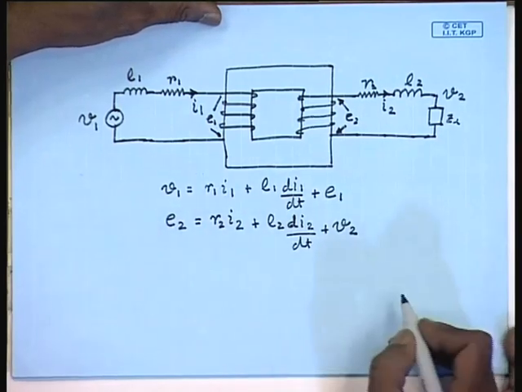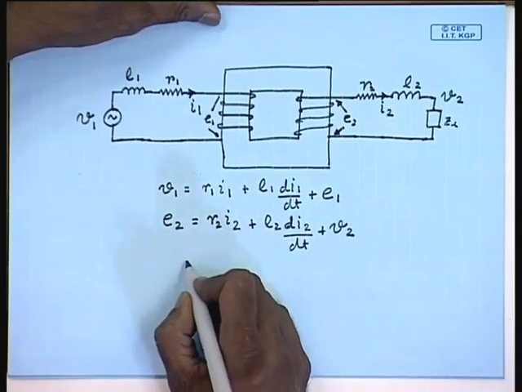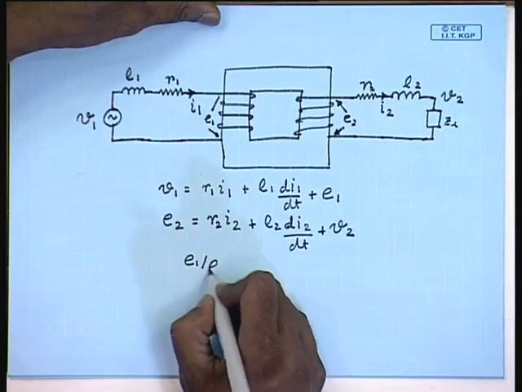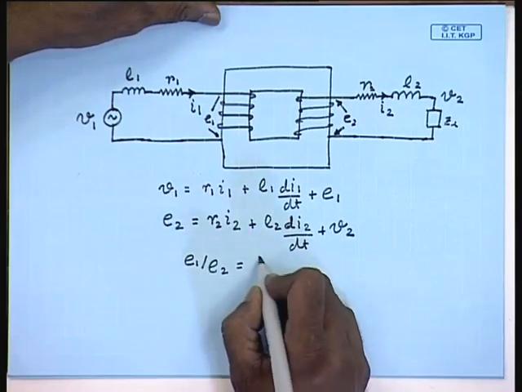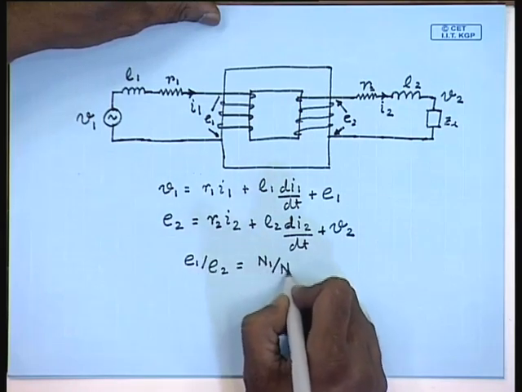And as in the case of an ideal transformer, E1 by E2 equal to N1 by N2.